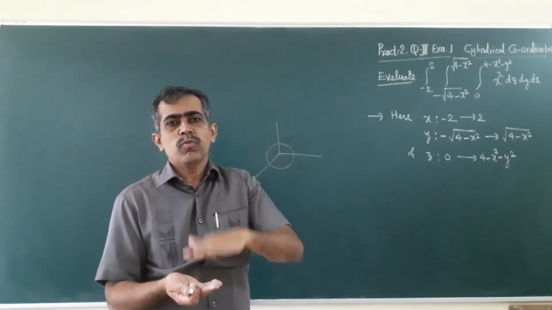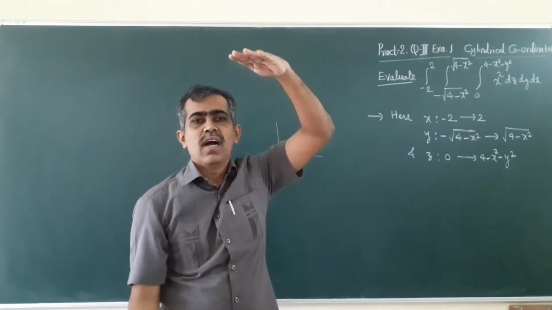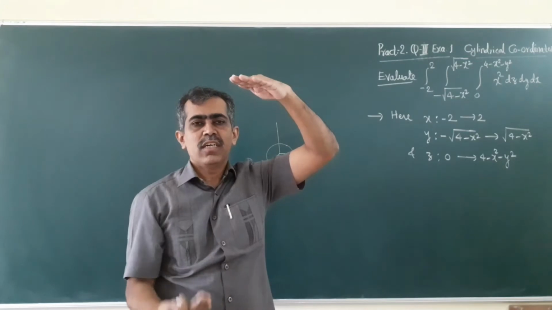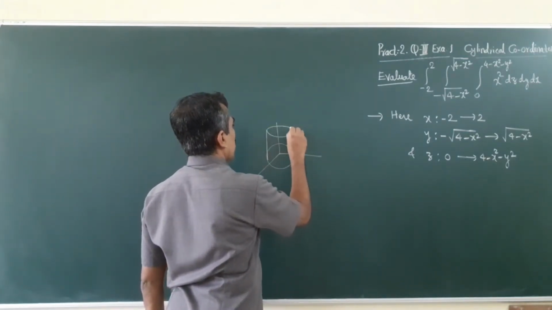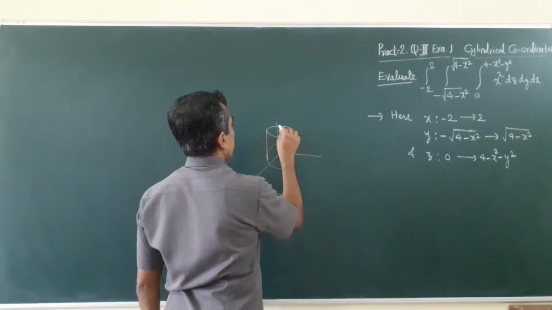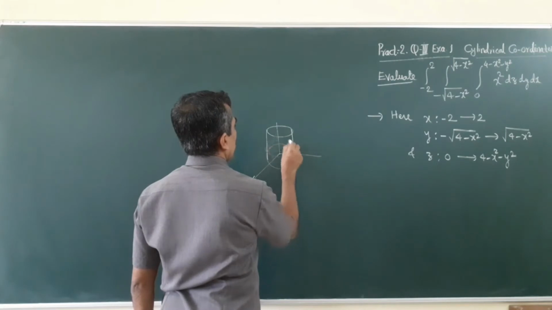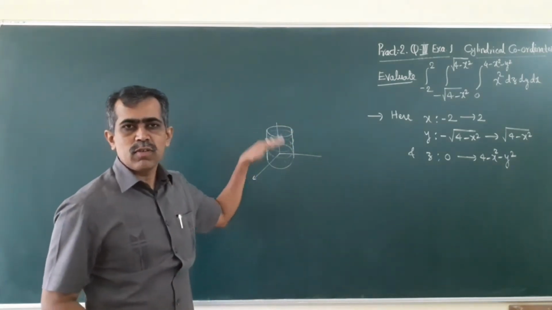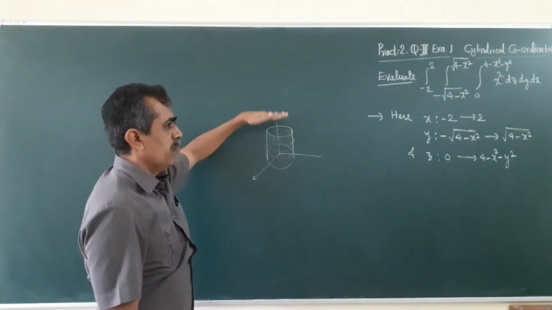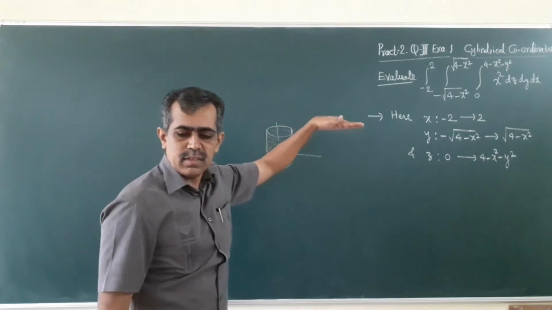If you put so many circular discs on one another, that will add height, and it will form a cylinder like this. So many discs put together on one another will give you a cylinder. So, that means z always gives you height, right.